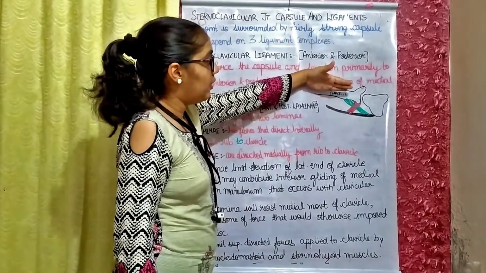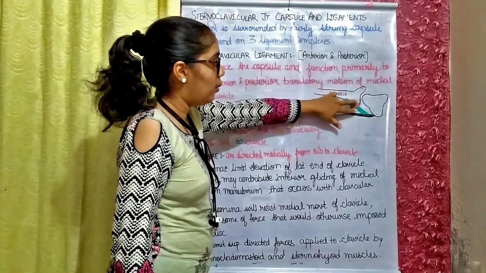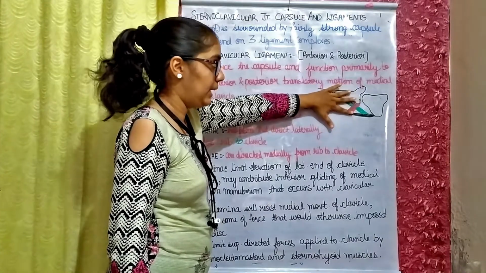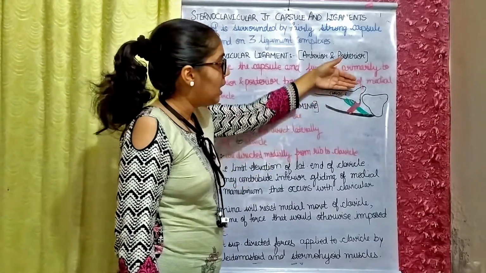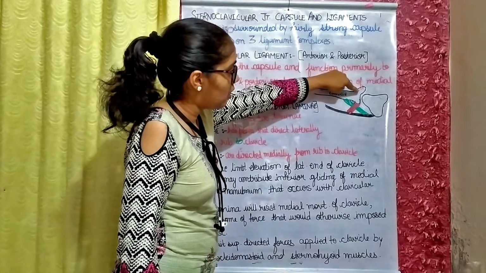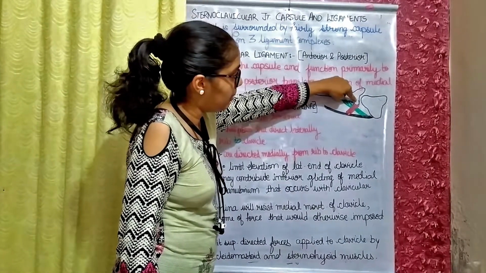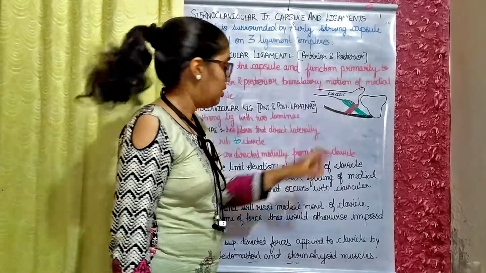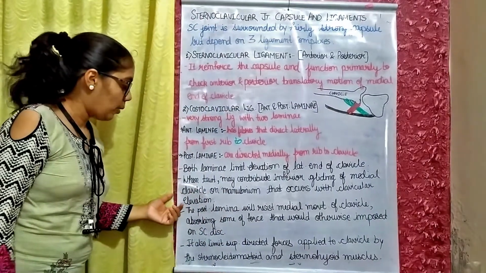When clavicular elevation happens, both ligaments become completely taut, so to loosen them, they cause the inferior gliding of the medial end of the clavicle.